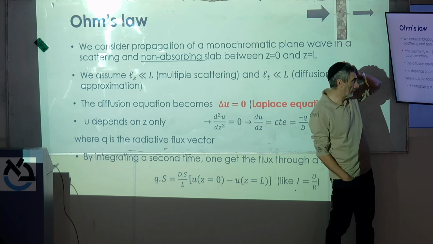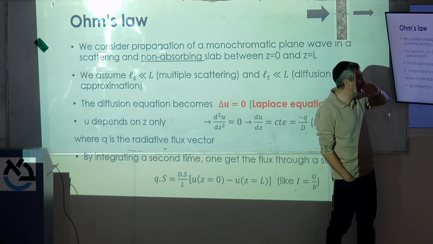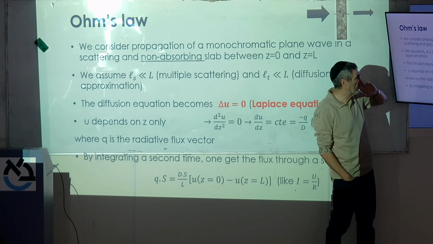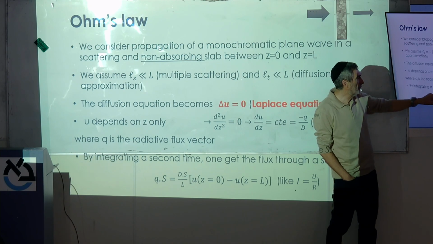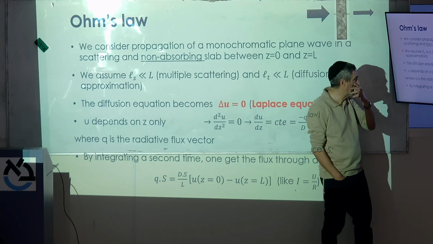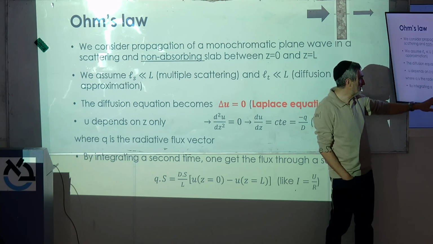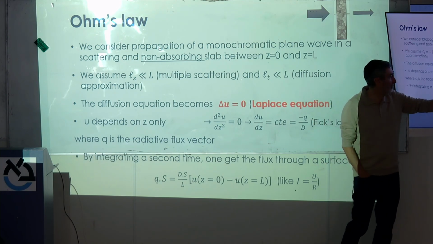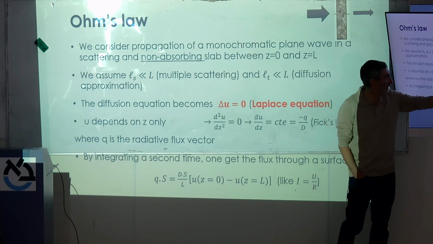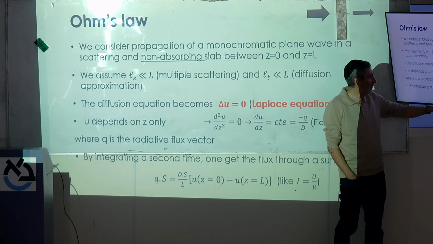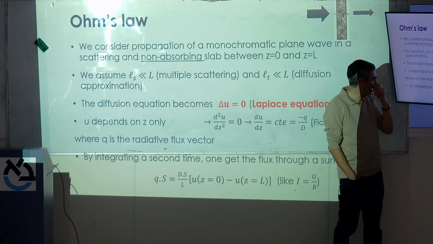The constant Q times S, where S is the surface. In integrating a second time, one gets the flux through the surface S, which is just multiplying afterwards. So Q is equal to D over L times the energy at position 0, because there is a minus here, minus the energy at position L.